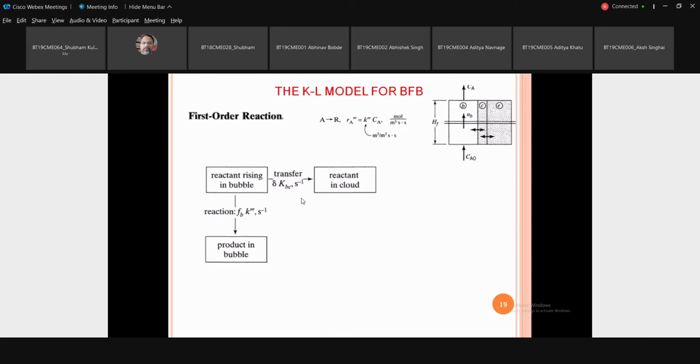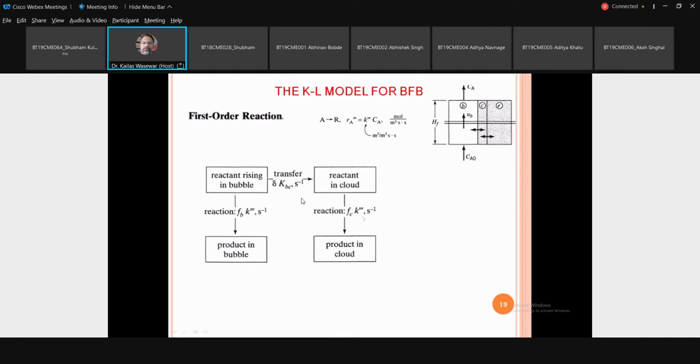So there will be mass transfer for that, based on the bed fraction of the bubble. Then the reactant is in the cloud. There will be reaction again, because there will be solid particles also in the cloud.